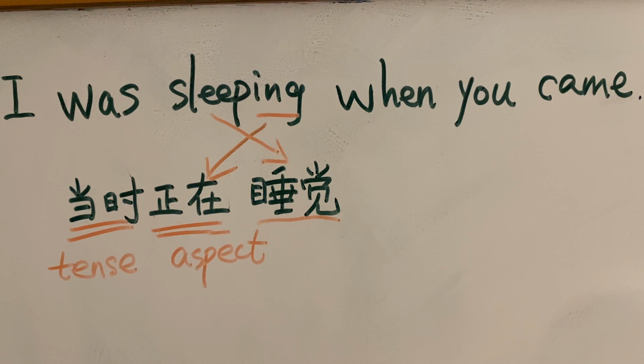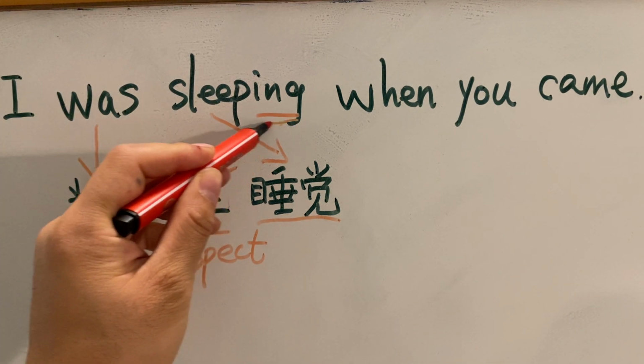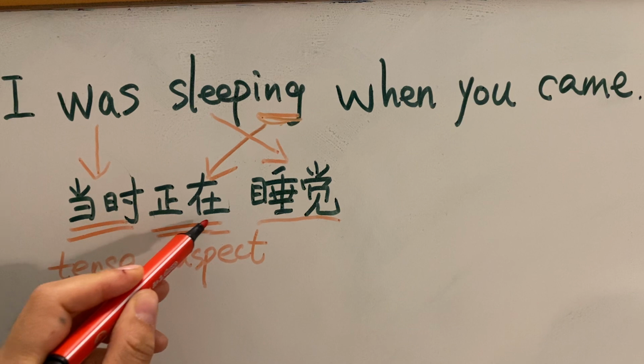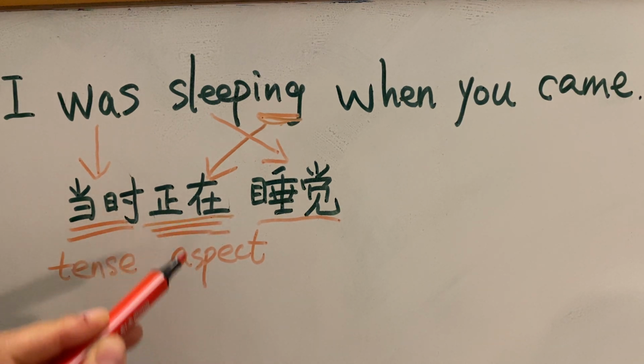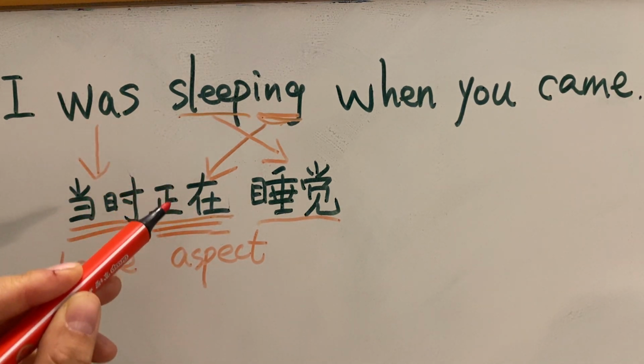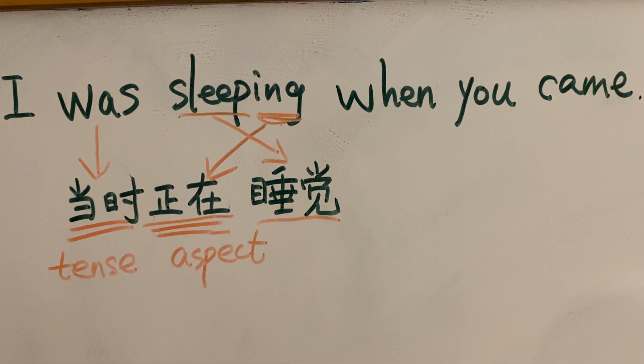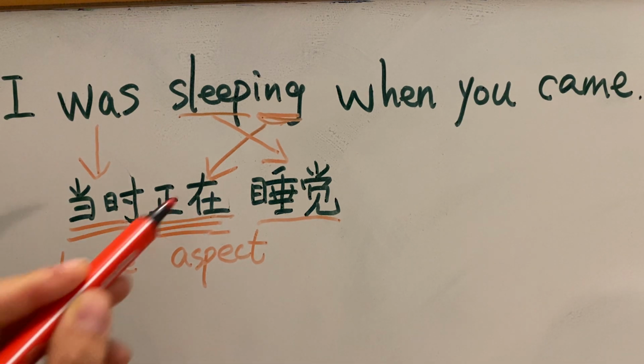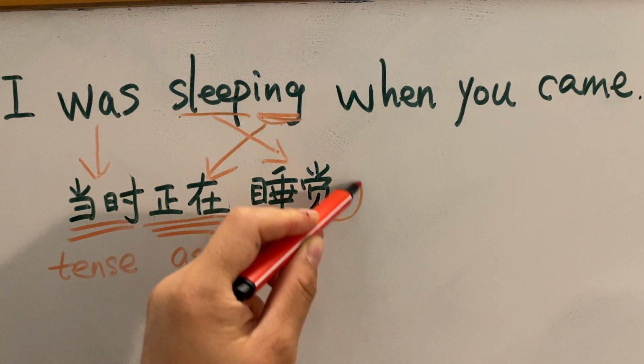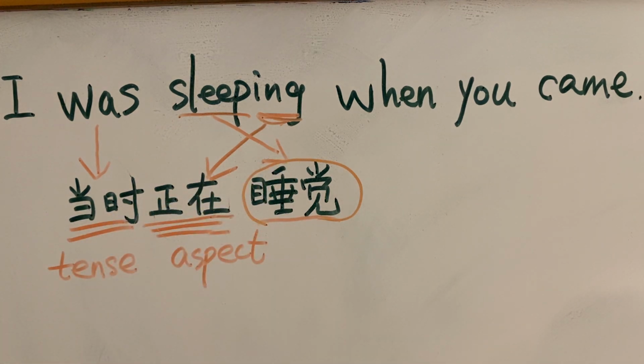You can see was as 当时 and this ing as 正在. And sleep never changes in Chinese. The verb never changes in Chinese.